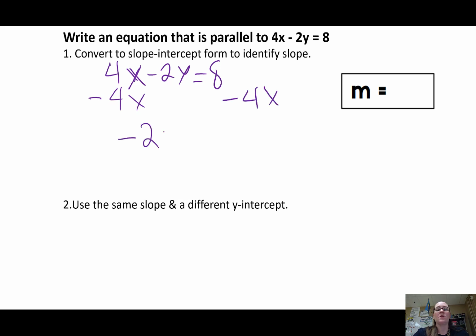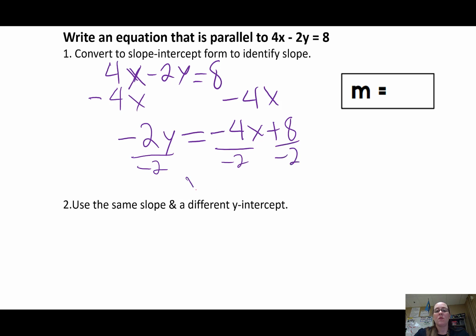So I end up with negative 2y equals 8 and negative 4x, which are not like terms, so negative 4x plus 8. Divide everything by what's in front of y. So we get y is equal to negative 4 divided by negative 2 is a positive 2x. And 8 divided by negative 2 is a negative 4.